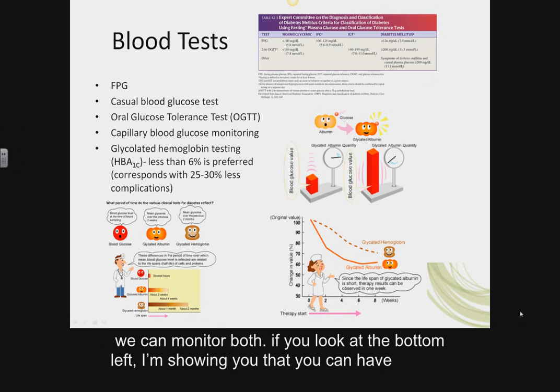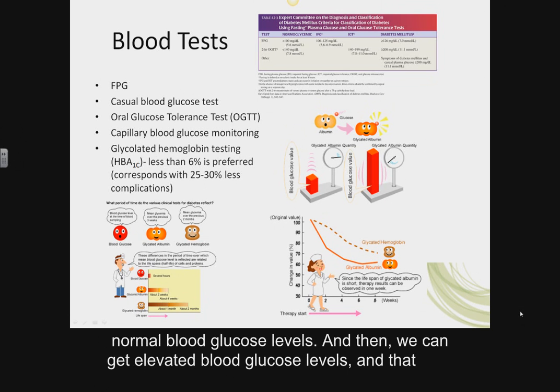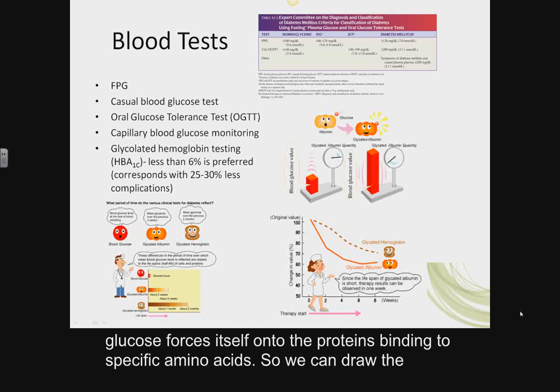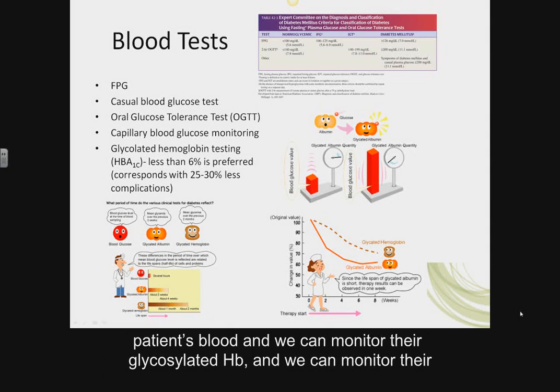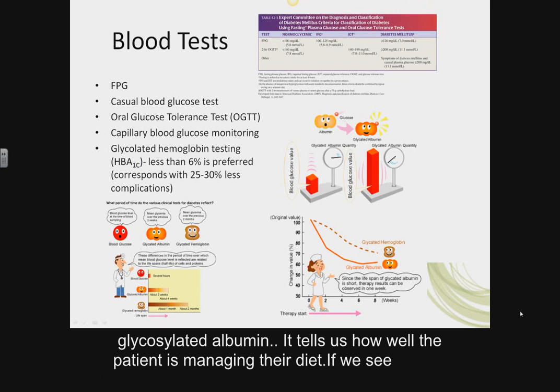We can monitor both. If you look at the bottom left, I'm showing you that you can have normal blood glucose levels, and then we can get elevated blood glucose levels, and that glucose forces itself onto the proteins, binding to specific amino acids. We can draw the patient's blood, and we can monitor their glycosylated hemoglobin, and we can monitor their glycosylated albumin.